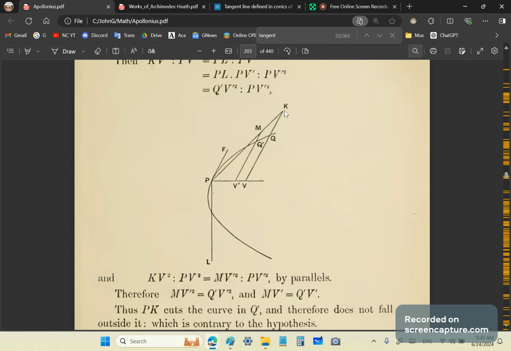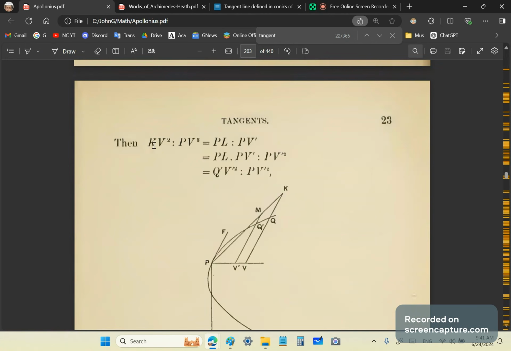Since KV is greater than QV, its square must also be greater than the square of QV. And therefore, the measure of that with PV squared must be greater than the measure of that of QV squared. So that's this first step here.